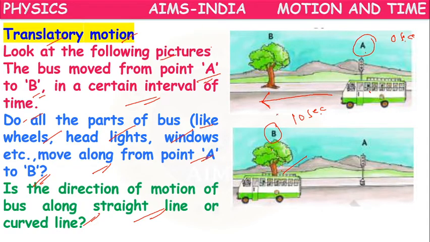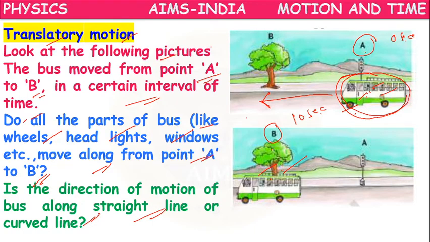When we say the bus is moving, what do we mean? Along with the bus, the wheels are moving, the body parts of the bus are moving, the windows are moving, the passengers are also moving. All the parts which are inside the bus are directly related to the bus, and all are moving together to point B. So then we can say, on the whole, the bus is moving.